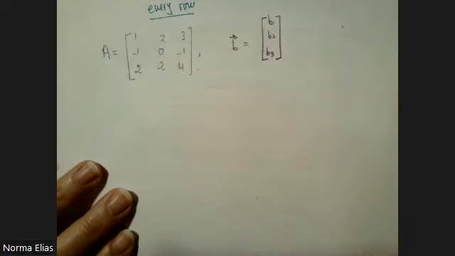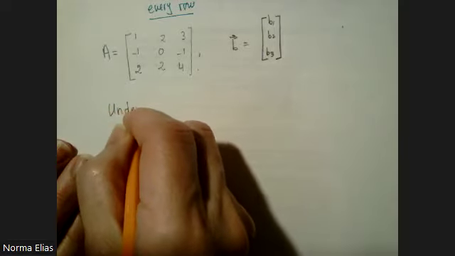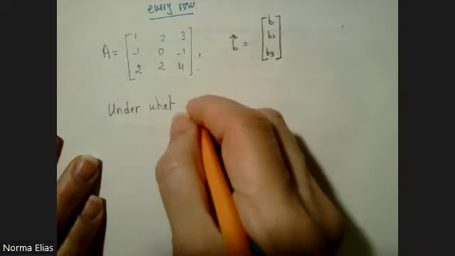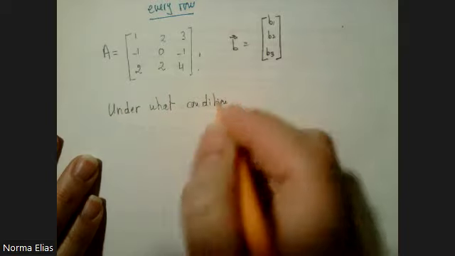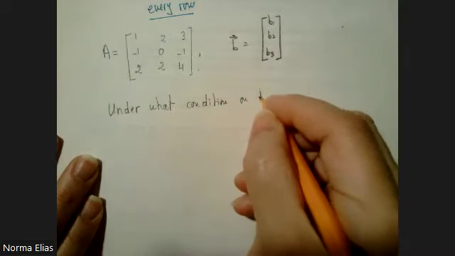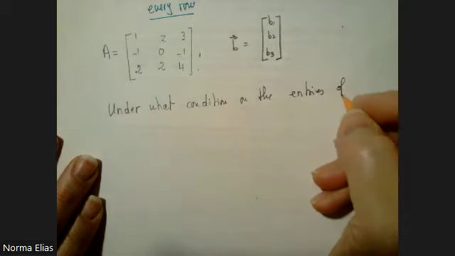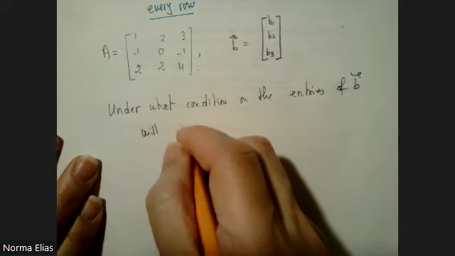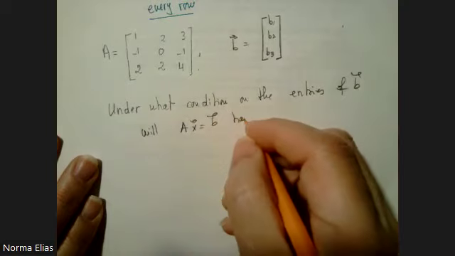And the question is, under what condition on the entries of B will the system AX = B have a solution?